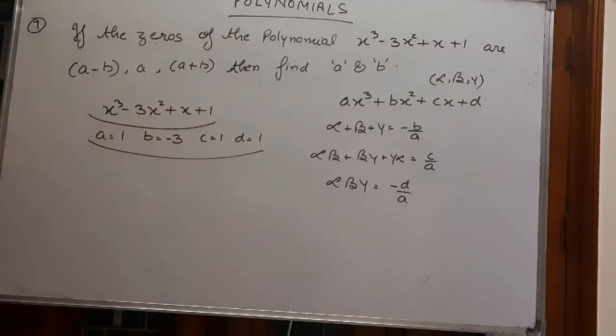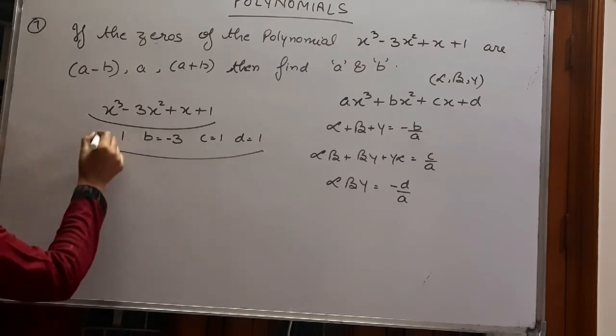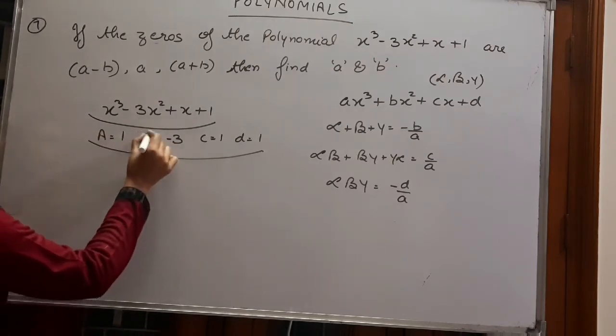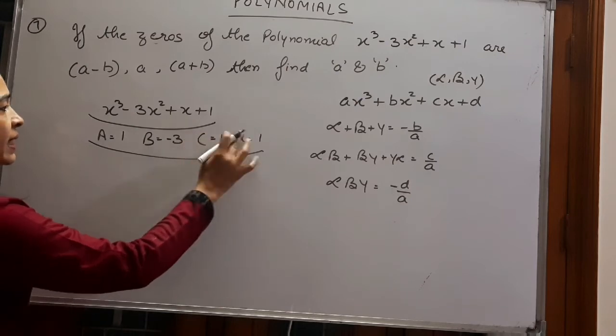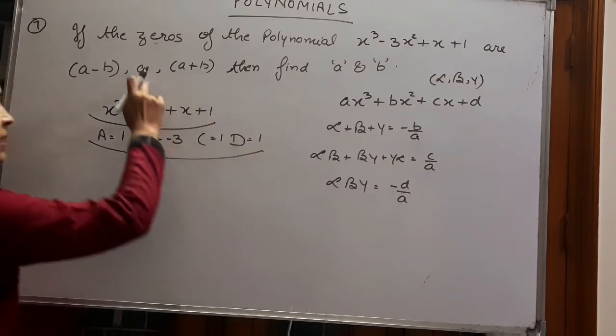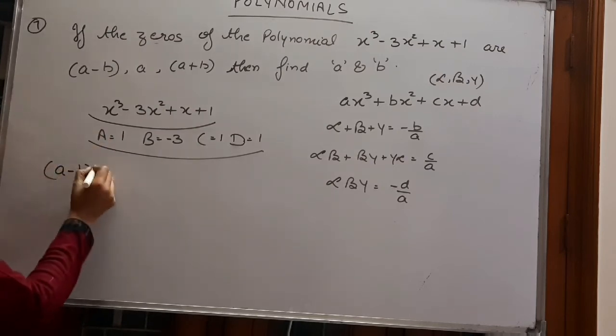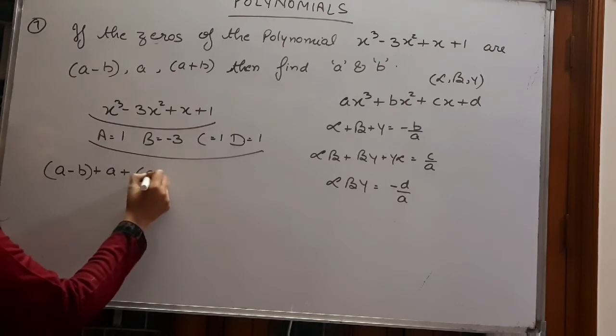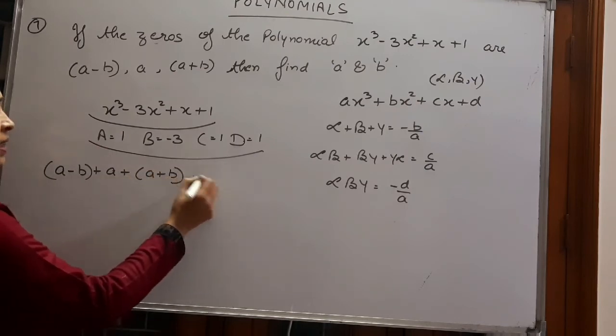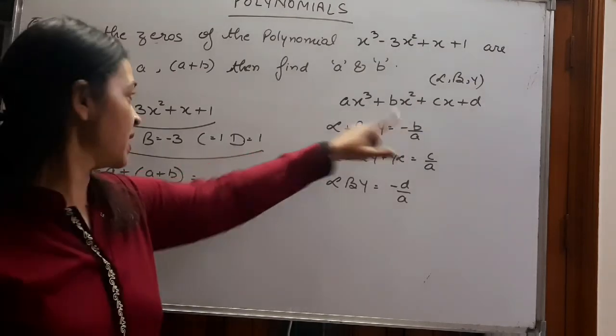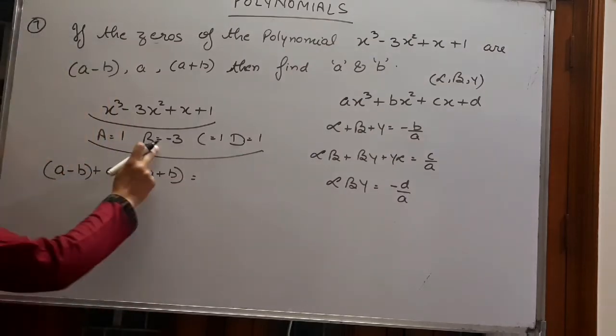Now, we have to find zeros. Let's take these as capital A, capital B, capital C, and capital D. These are zeros. Now, we have the sum of zeros, a minus b plus a plus a plus b. The sum of zeros is minus b upon a.